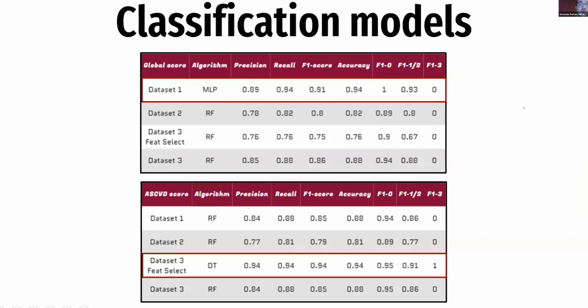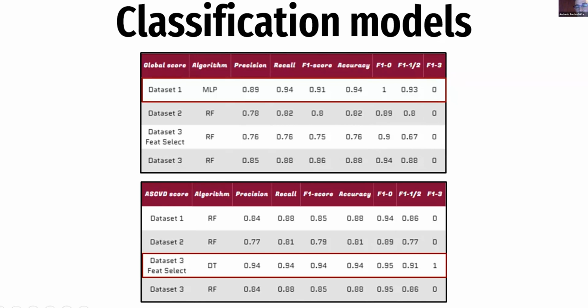These tables are a summary of all the 64 models, and these are the ones that obtain the best results. And so as to evaluate the results of the models of the prediction, we had different metrics, which are here in the top row: precision, recall, F1 score, accuracy, and the F1 score of every risk class, which is low class.